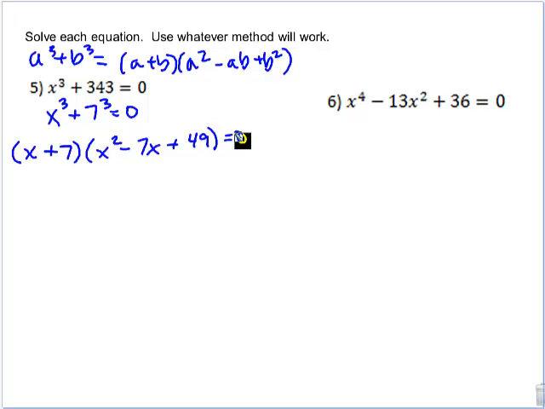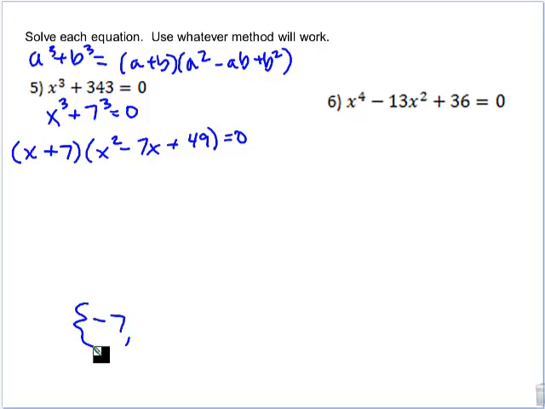So we have these two parentheses being multiplied together. That equals 0, so that tells us one of the two is 0. So it's x plus 7. If that is equal to 0, what's one of our solutions? Yep, negative 7. So that's one of our solutions if x plus 7 is 0. If x squared minus 7x plus 49 is 0, we're going to have to find the solutions from that.